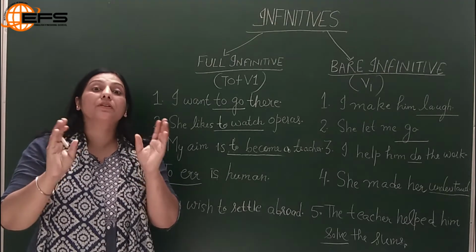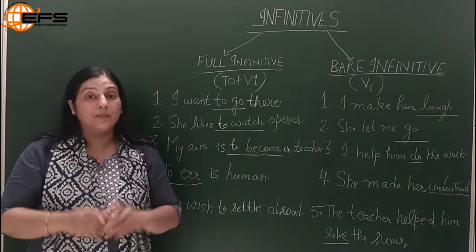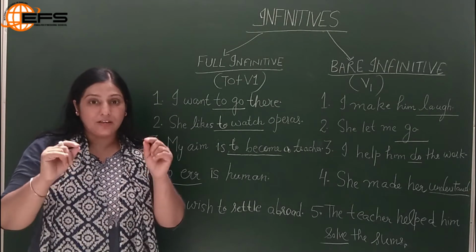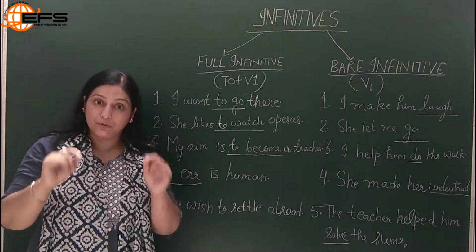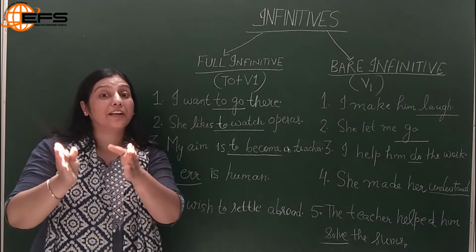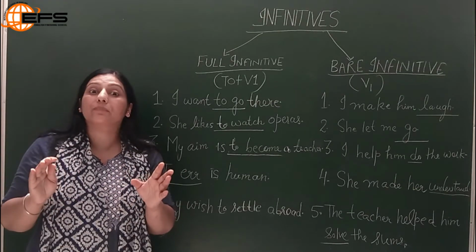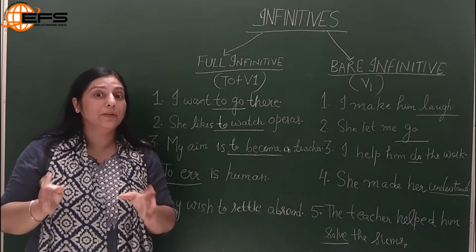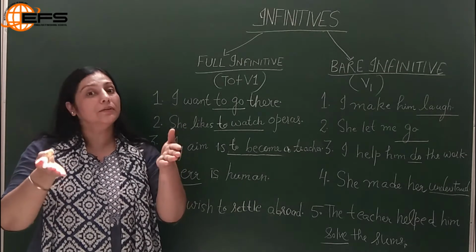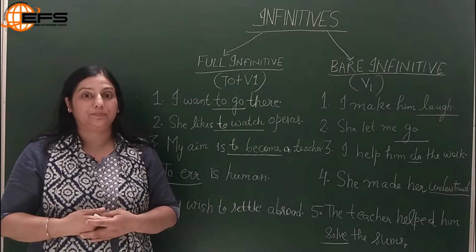And that verb is called a finite verb. A non-finite verb is not important to make a sentence. If you have a non-finite verb in a sentence, that will always be present with the finite verb. So you cannot make a sentence with the non-finite verb. It is always present together with the main verb or the finite verb.